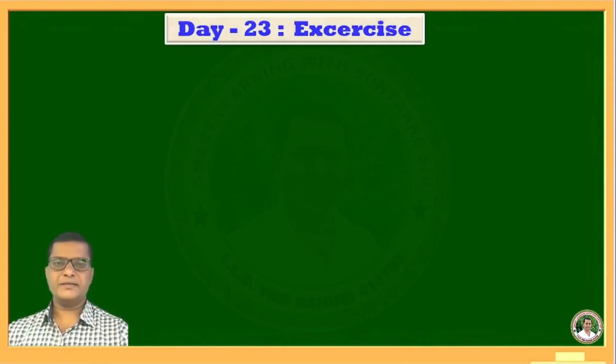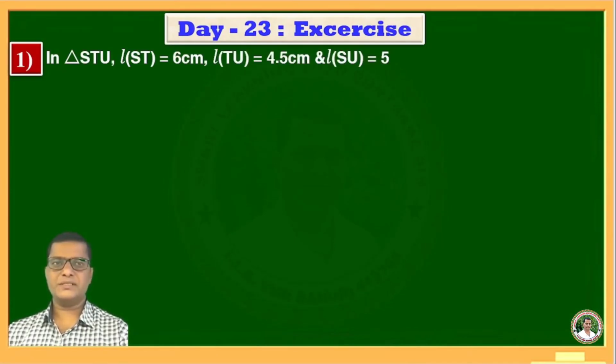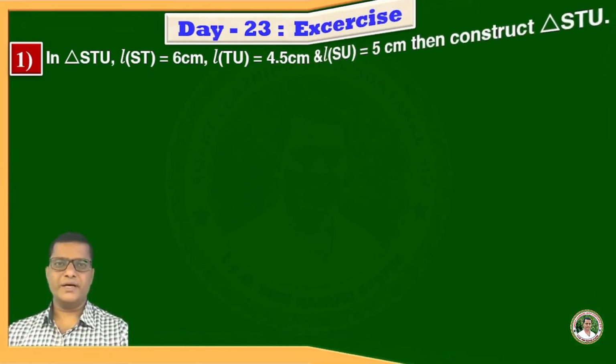Let's go to see day 23rd exercise. In this, first question is, in triangle STU, length of ST is equal to 6 cm, length of TU is equal to 4.5 cm and length of SU is equal to 5 cm. Then construct triangle STU. Now see the steps of the construction of a triangle whose three sides are given.